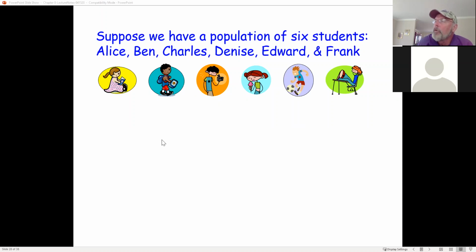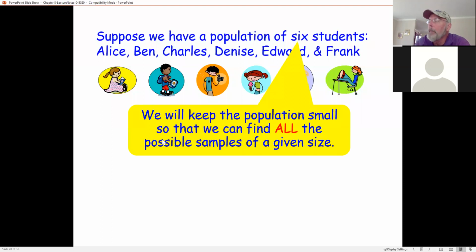What we're trying to do is use these 6 students in sort of a cartoon, maybe, or an experiment that goes along with the proportion of females in this population. And we went through it pretty easily.